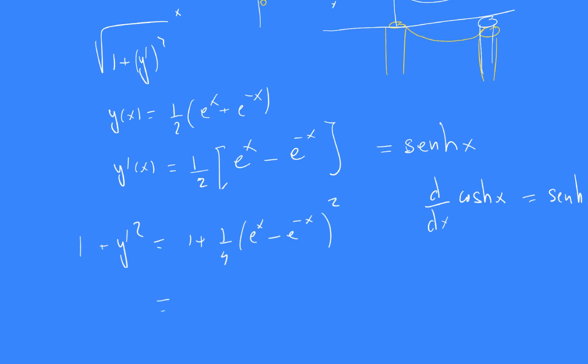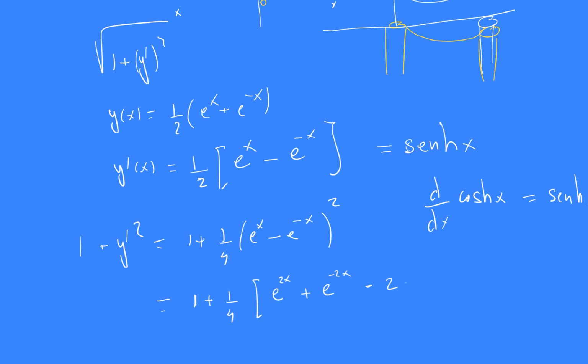So I have squared the 1/2 and converted it into 1/4. So it would be 1 plus 1/4 times the square of the first, e to the x squared, e to the 2x, plus the square of the second, e to the minus 2x, minus 2 times the first by the second.